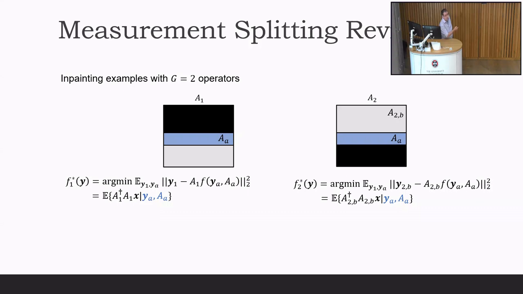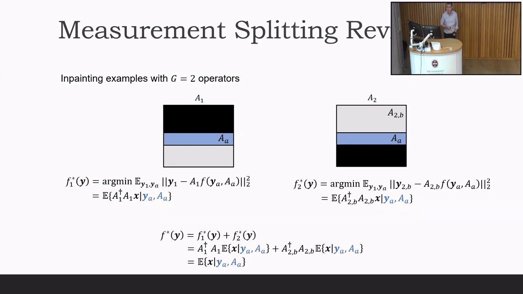So I'm going to exclude the capital A, little a components of my measurements. And again, I can get my conditional mean on that. And of course, because expectation is linear, I can then add my F1 star and F2 star and get the full conditional mean estimator. So the optimal minimum mean squared error estimator conditional on observations observed by capital A, little a.